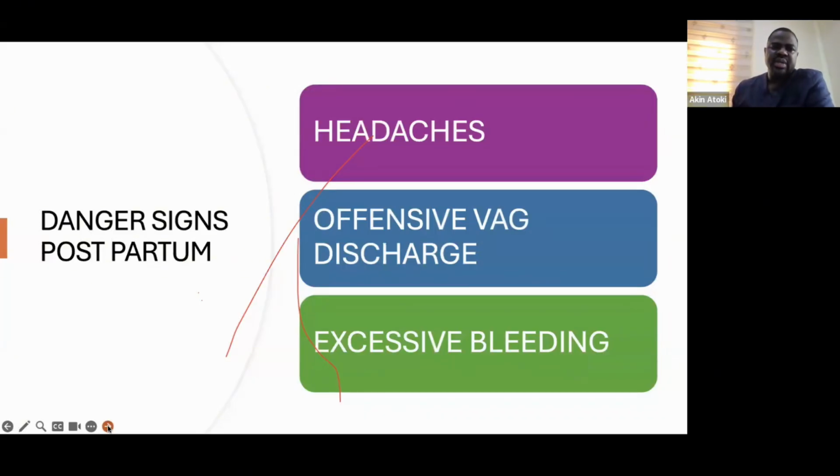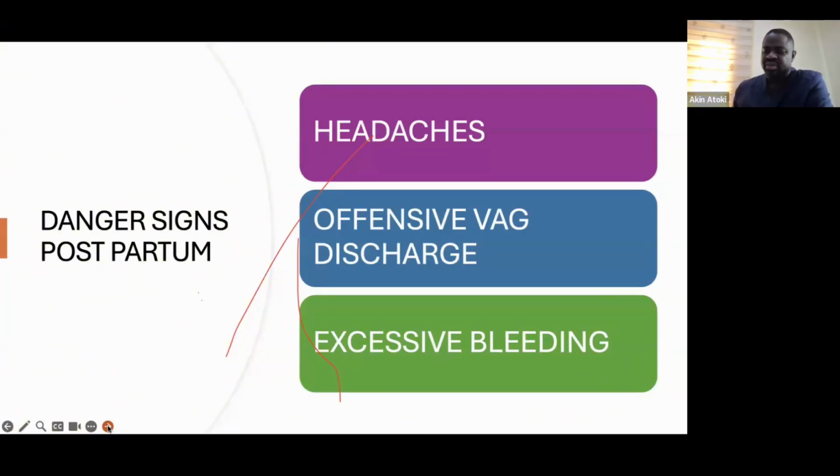Now, we've added danger signs even after delivery, and headache again ranks number one. I've seen two, three cases when I was practicing in a general hospital where these women just presented with headache. In one case, somebody presented with headaches of about 3 days duration.